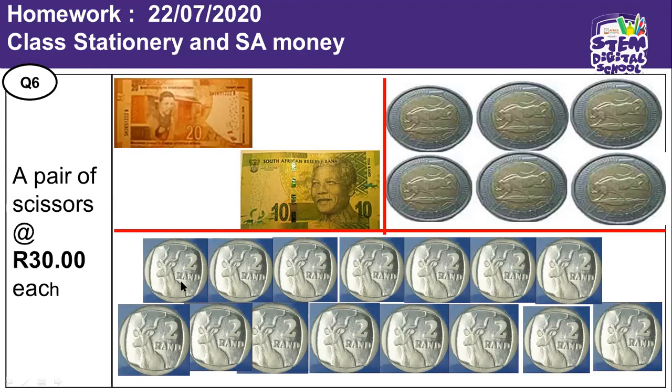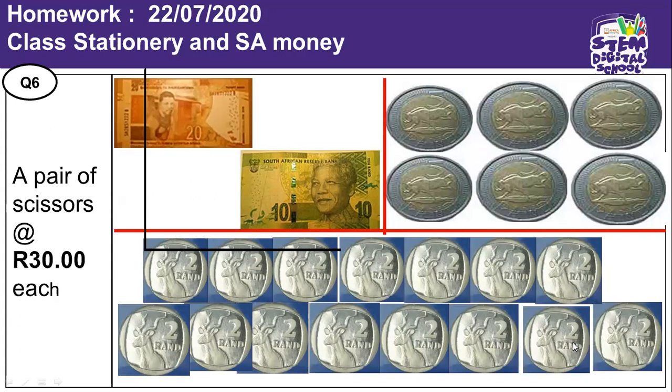Here we go. It's 2, 4, 6, 8, 10, 12, 14, 16, 18, you can use your counters, your fingers. 22, 24, 26, 28, 30.